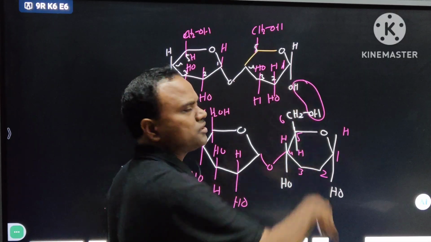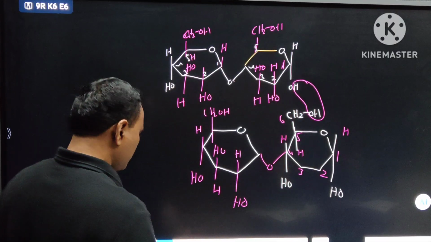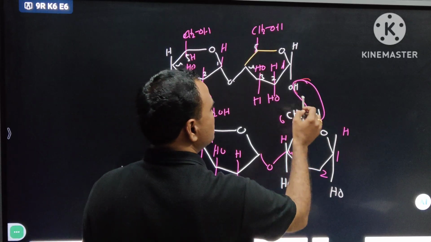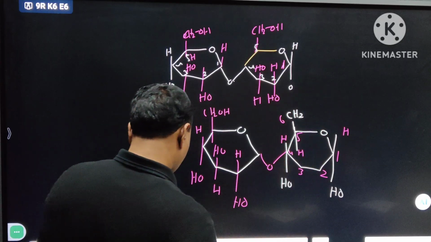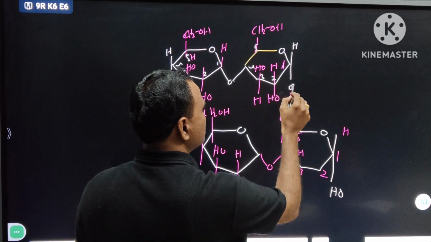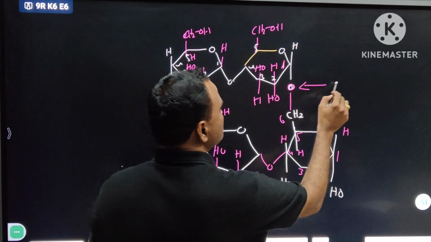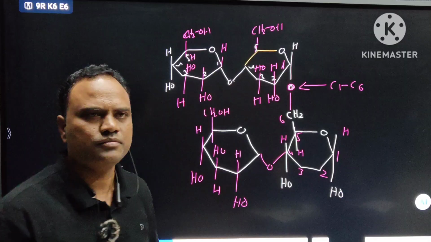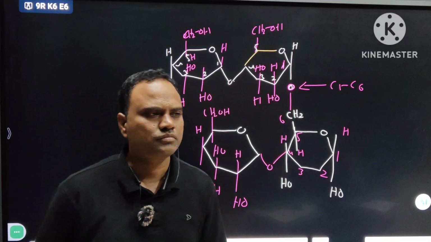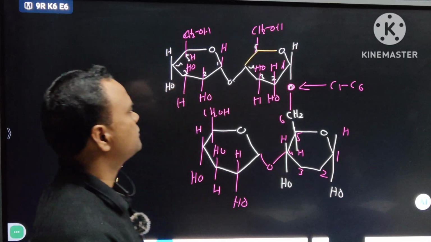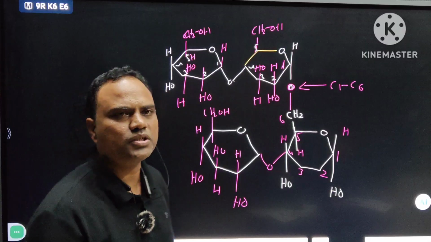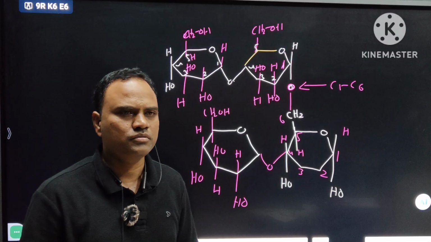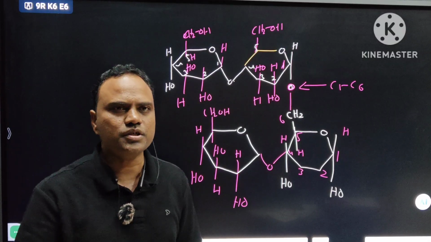So this is the branch, this is the branch. This is branching. Which branching? C1 C6. Right? Clear now? Take a screenshot. This is about amylopectin. Clear? Online students.